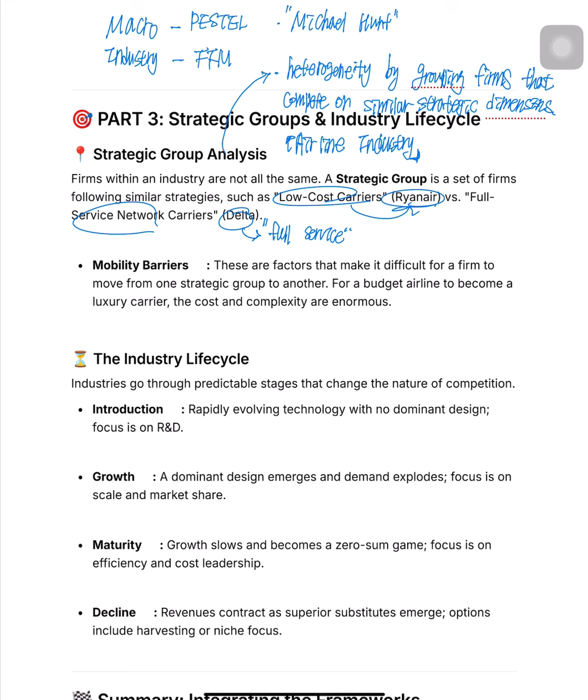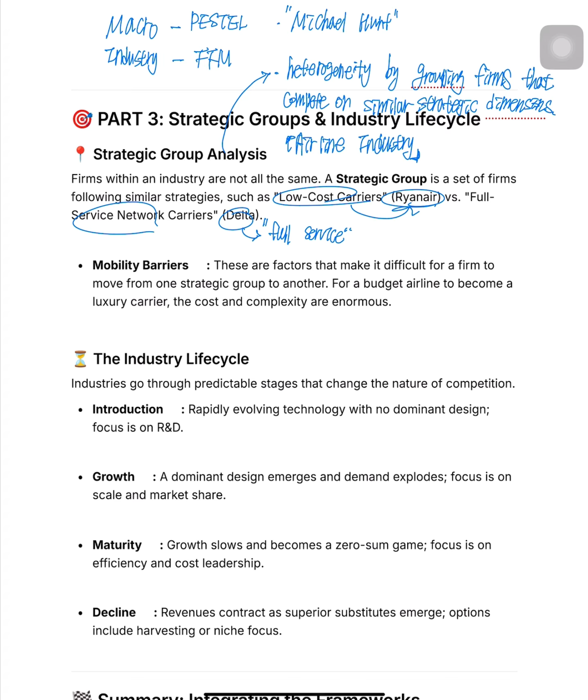And the two groups face somewhat different competitive dynamics. Delta and American compete intensely with each other for the business traveler between, say, New York and Los Angeles, and this rivalry involves schedule frequency, lounge quality, upgrade availability, and status benefits, not primarily price.